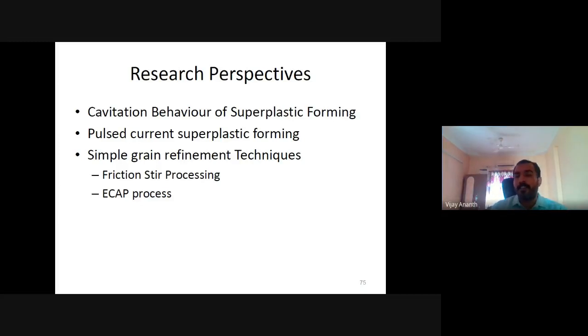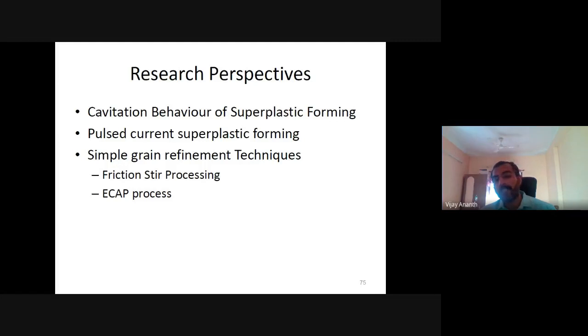Due to that friction processing, we can obtain much smaller grains, up to 1 micron size. As well as for the composite materials, the reinforcement particles can be rearranged and distributed all over the matrix through this friction stir processing. That area also we can do more work on.